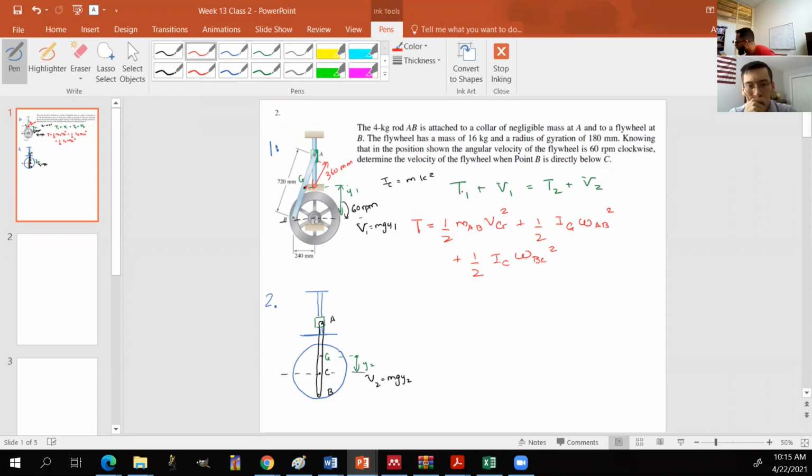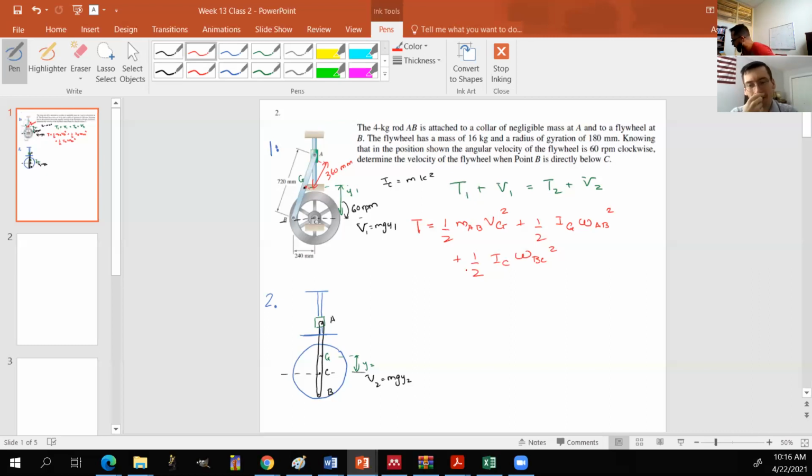That way, we only have one unknown going into this expression to find omega BC in position 2. And how do we equate those velocities? Kinematics. Come on, it's the same thing. We've been talking about this.